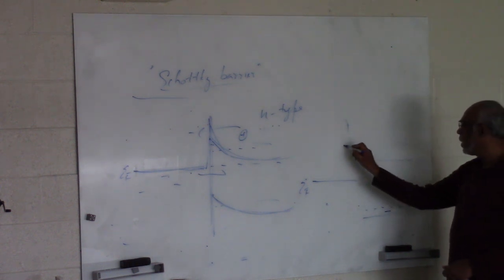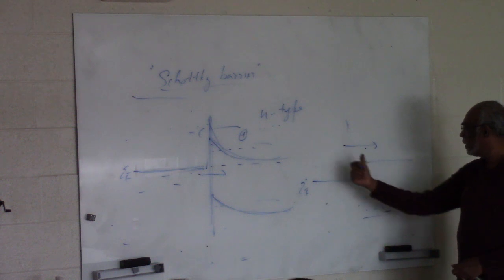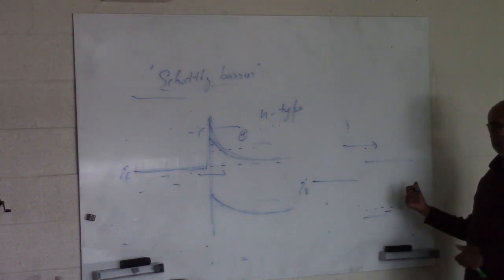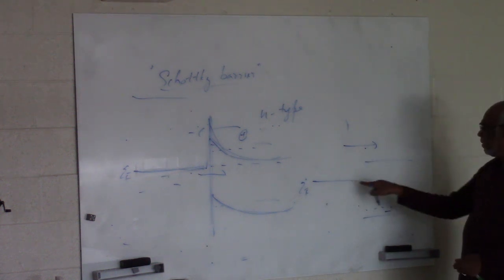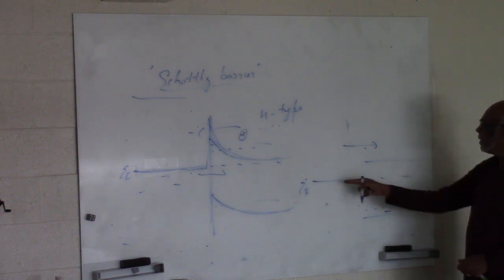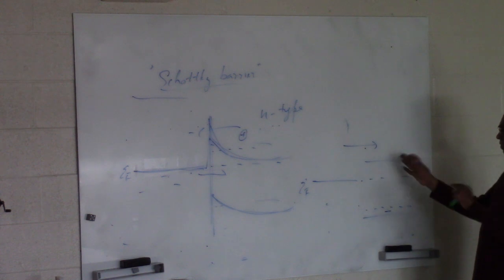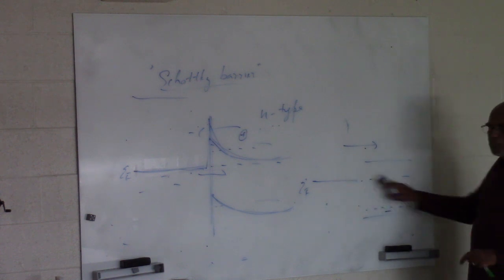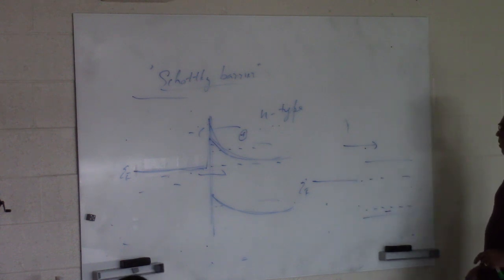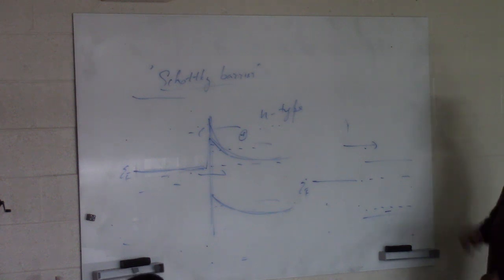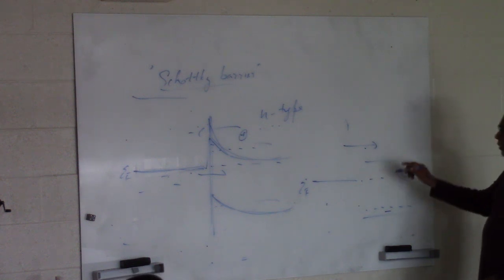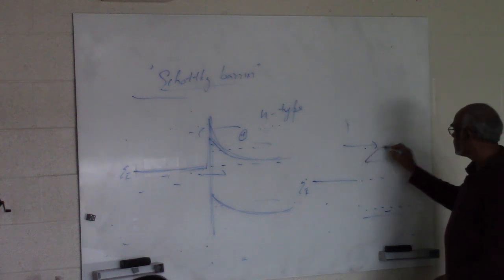That means you have a positive electric field. Because the Fermi energy doesn't change in metals, even if you take a few electrons here and there, now how is it going to bend? You need to have a positive slope, so actually this is going to bend something like this.